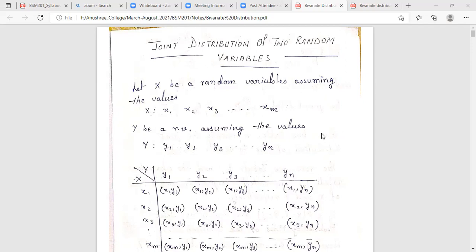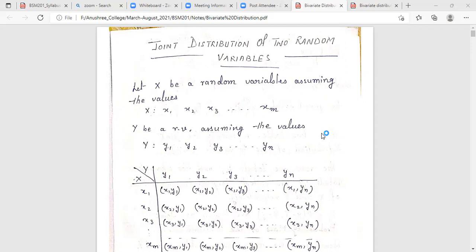We are going to learn first what is the structure of the probability distribution in case of two random variables. So first, let us take x to be a random variable, which is assuming the values x1, x2, x3 up to xm.